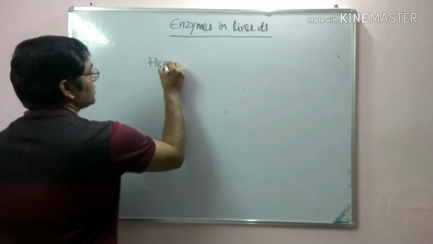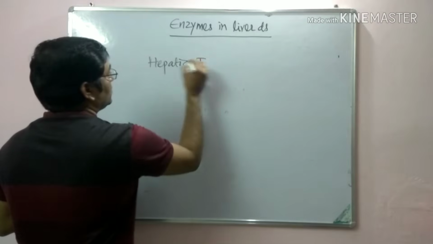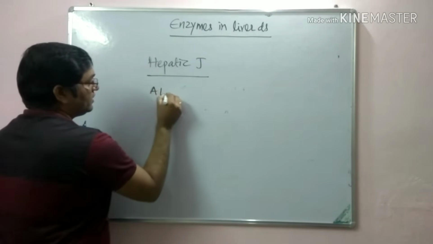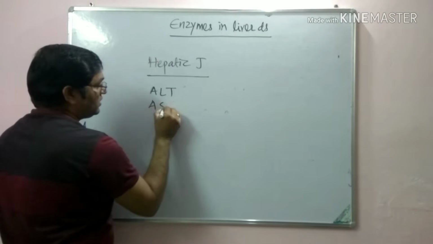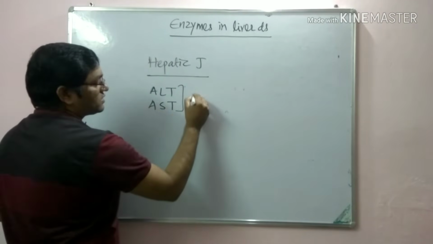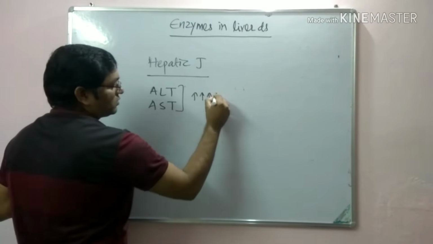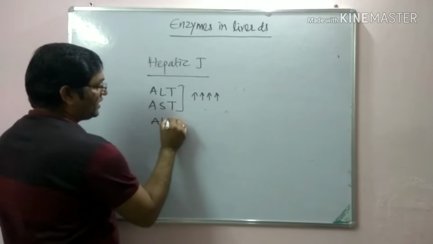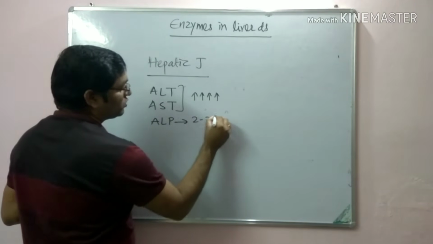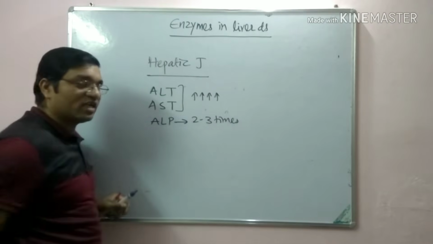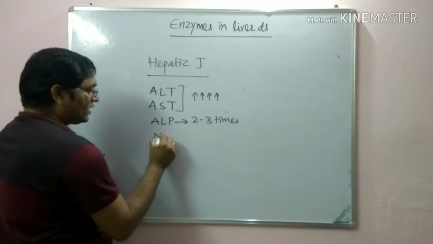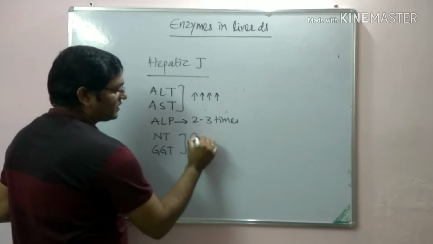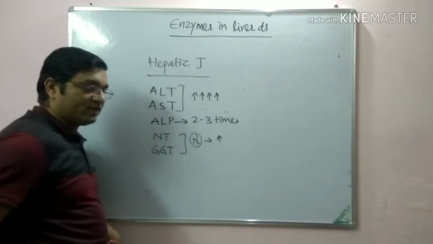In hepatic jaundice, the concentration of ALT and AST increases much more as compared to the other enzymes, and ALP activity is 2 to 3 times of the normal, that is a slight increase in ALP activity, and 5' nucleotidase and GGT levels remain normal or there is a slight increase in the activity.